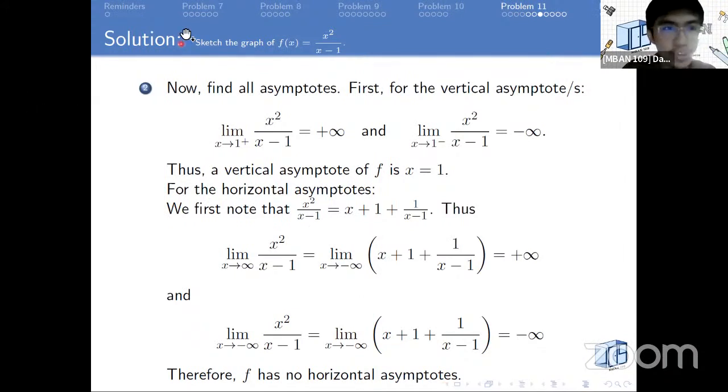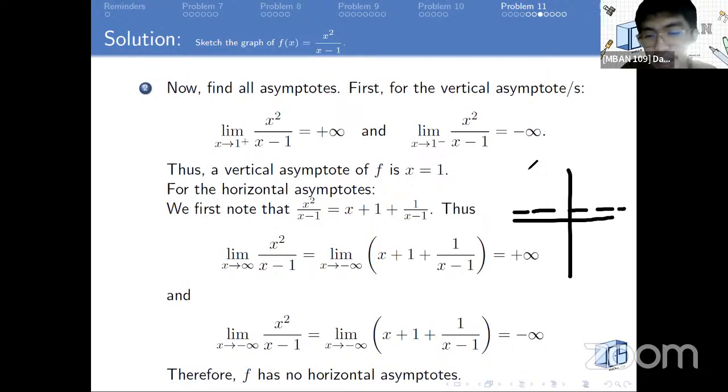So ang mangyayari ngayon dito, halimbawa meron kayong asymptote. Ang mangyayari kasi dyan, halimbawa papunta sa positive infinity, at some point, mag-approach siya sa isang value ng y equals something. So, kaya ginawa natin x approaches to infinity.